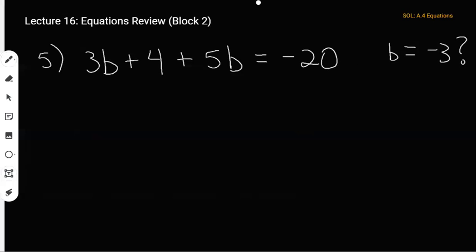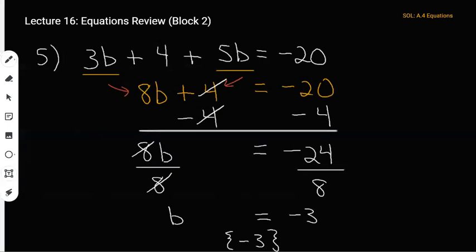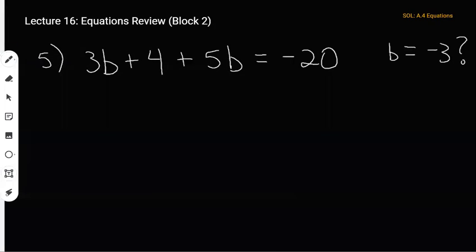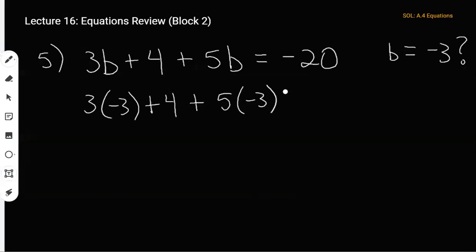So I want to make sure that negative 3 is going to work for this problem. So what I'm going to do is I'm going to replace every b that I see with a negative 3. So the negative 3 is going to go right here. And it's also going to go right here beside the 5. And everything else stays the same.